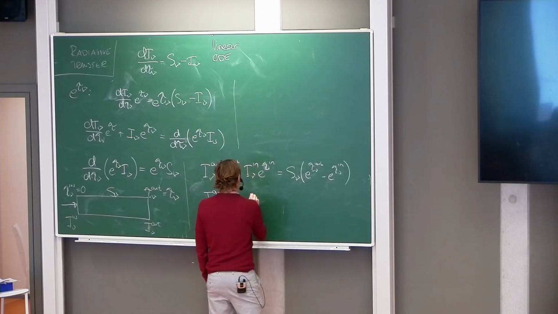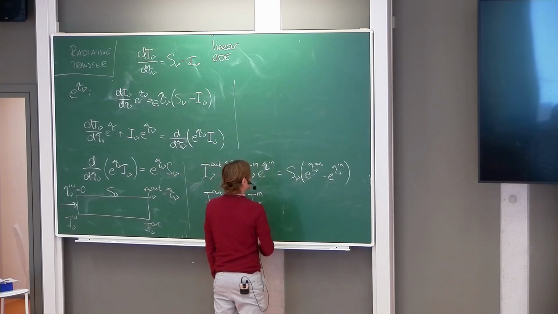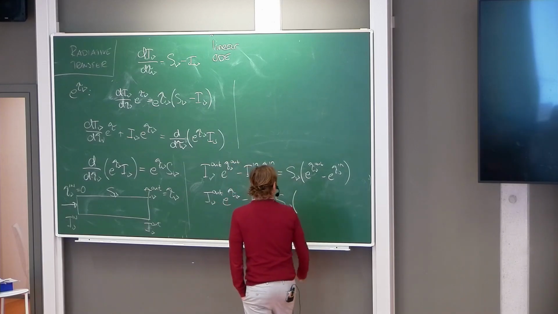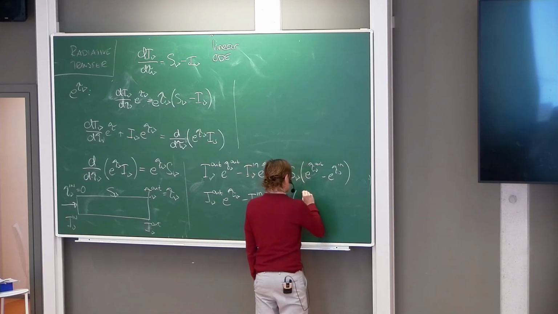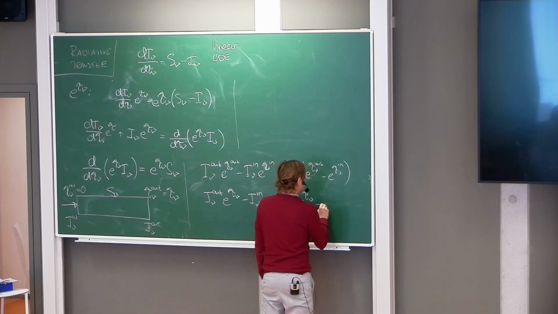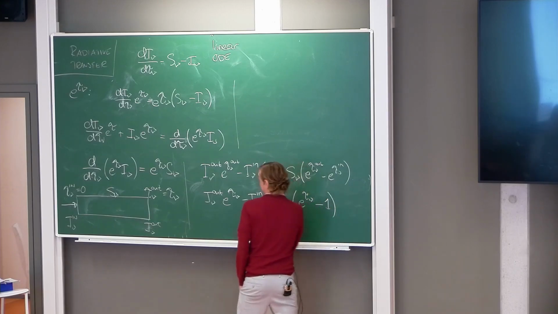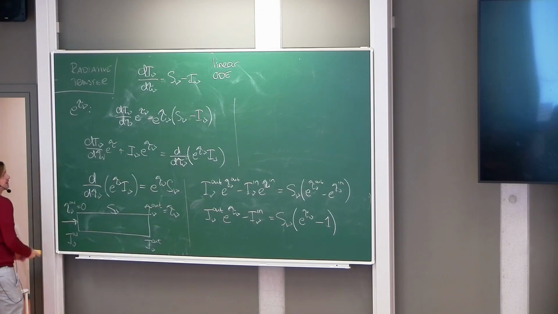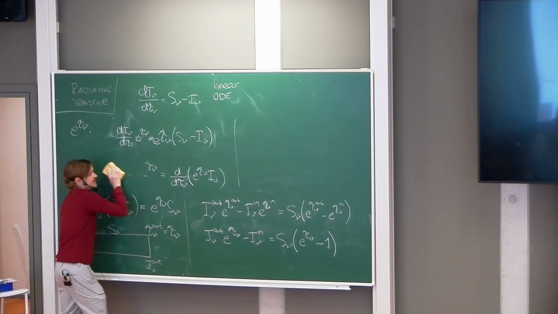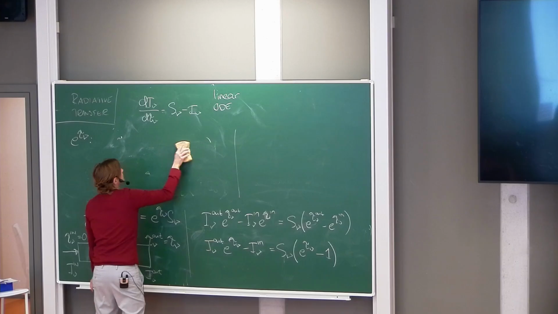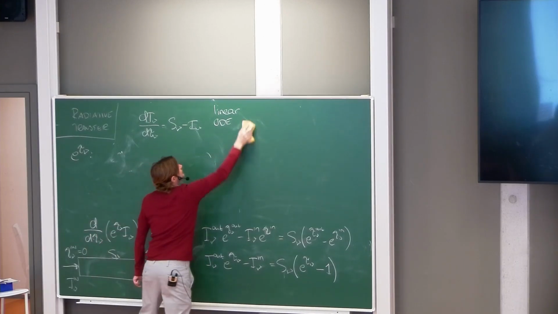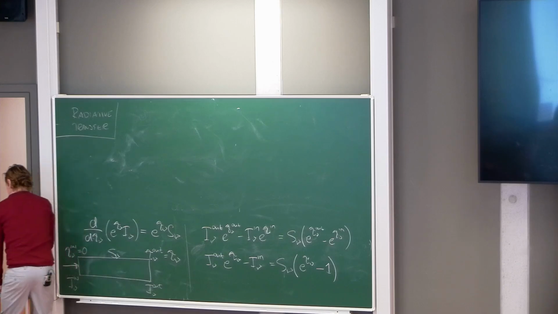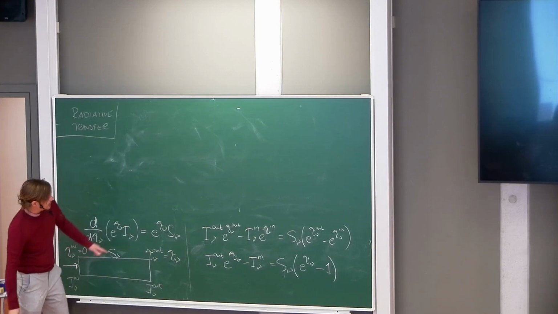This is just I nu in then, and this is just going to be S nu times e to the tau nu minus 1. Did we make many algebraic mistakes on our way there? We will soon see, I guess. I haven't heard anything, so I hope not.